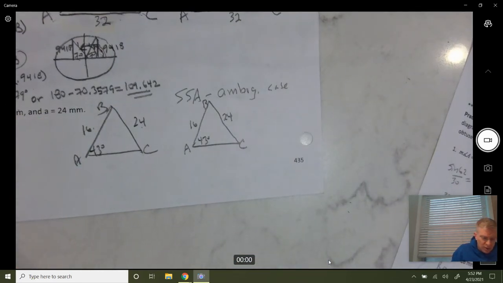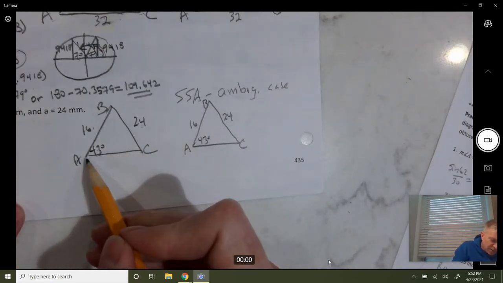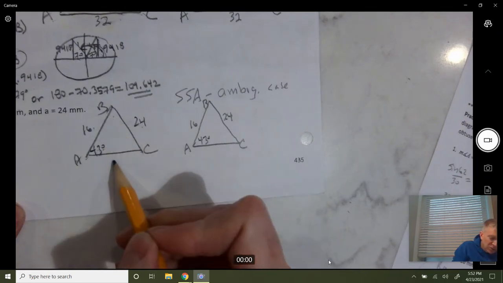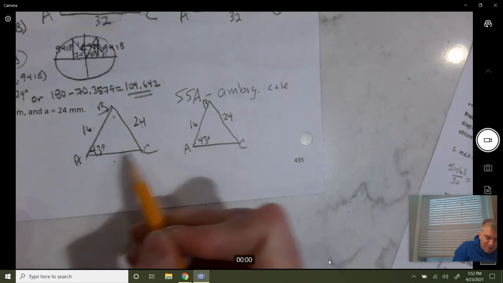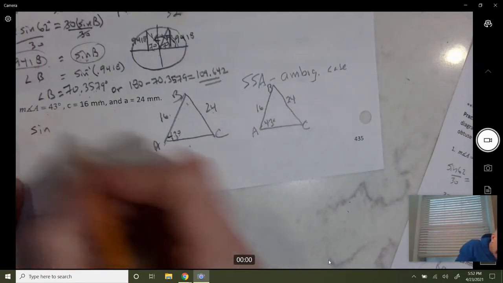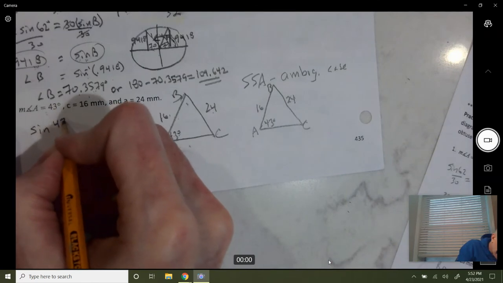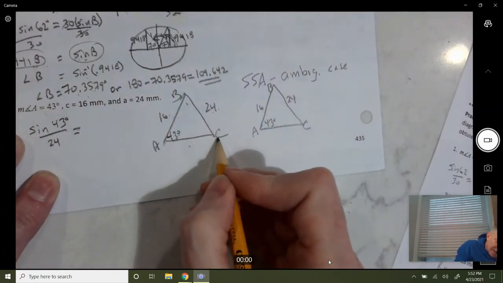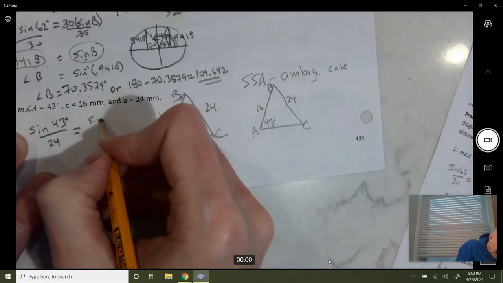Okay. Now I'm going to use the law of sines. I have to use this pair, sine of A over little a, because I have both. I'm not going to use B. I don't have angle B or side B, but I'm going to use this one. So I've got sine of 43 over 24 equals sine of C over 16.